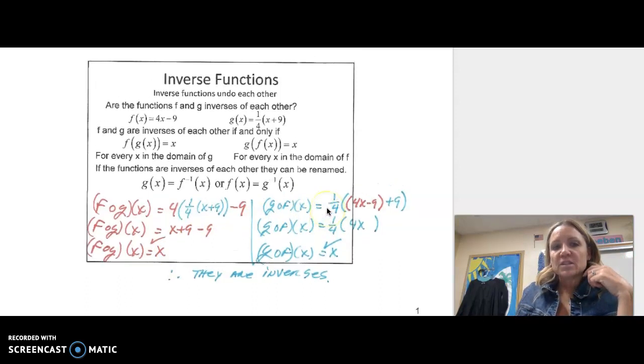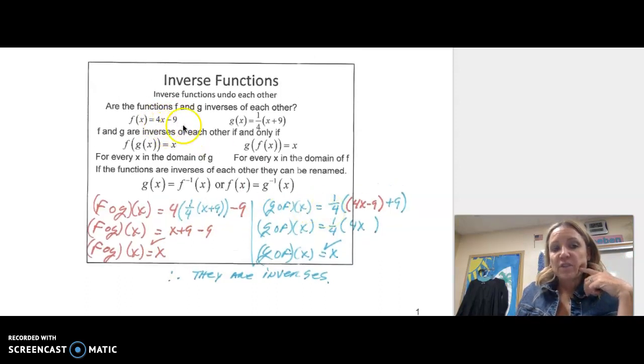So far, so good. All right, now let's try it the other direction and see if the same thing is true. This time, we're going to take the function f of x, which is the 4x minus 9, and plug it in here where the x is, so we have 1/4 times the 4x minus 9, plus 9. Again, it looks complicated, but because they should undo each other, it should work out fairly easily, right?